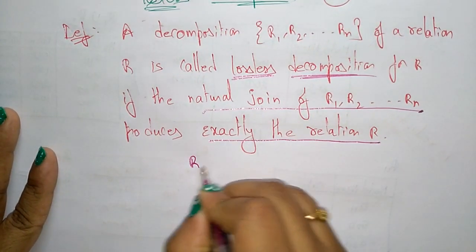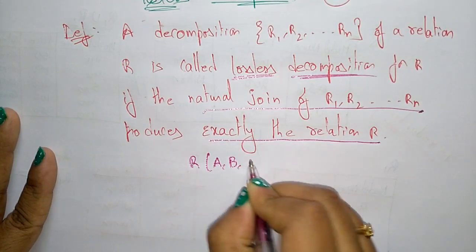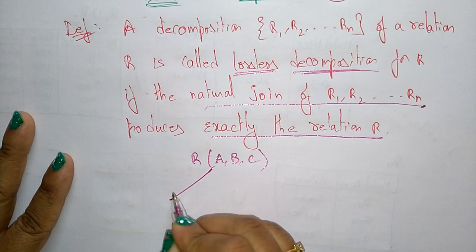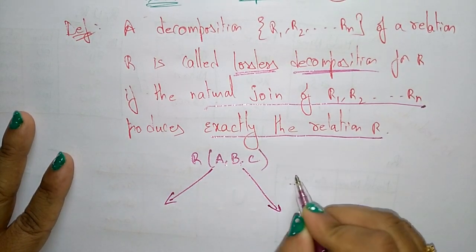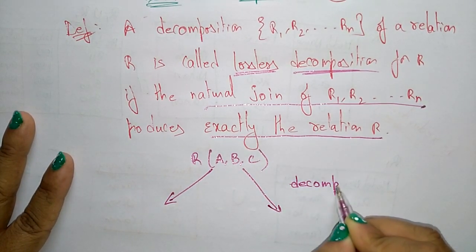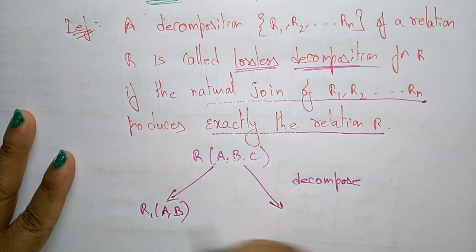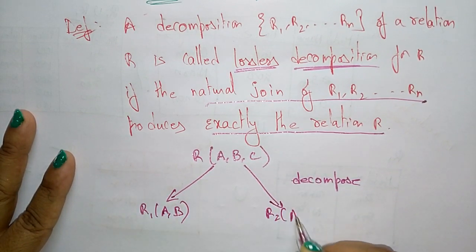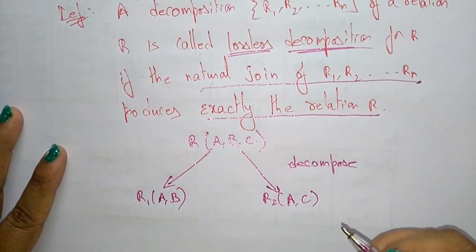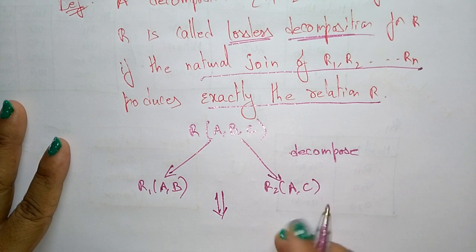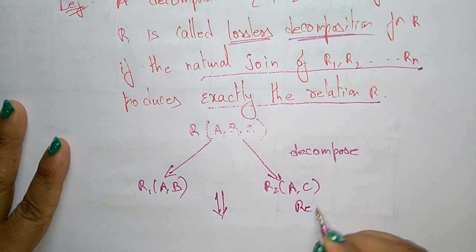To get the exact relation, you have to follow some procedure. Here I'm just writing R(A, B, C). R is a relation with attributes A, B, C, decomposed into R1(A, B) and R2(A, C). Whenever you decompose, it should be recoverable.